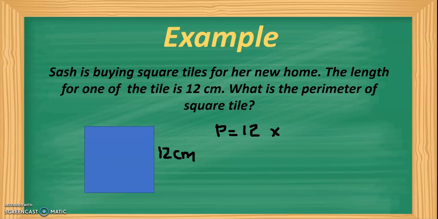Now when I multiply 12 by 4, I should end up with 48. So the perimeter of the tile that she needs is 48, and I have to put back my unit, centimeters. Whichever unit you're given, ensure that you put back your unit.